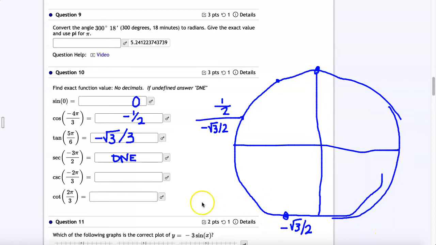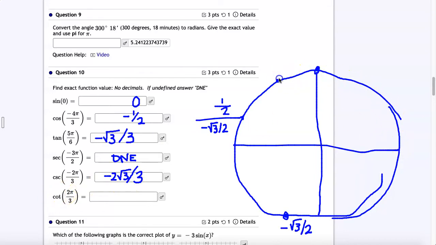So if I flip that over, it becomes 2 over negative root 3, which when you simplify becomes negative 2 root 3 over 3. So you've got to have a good understanding of how to deal with complex fractions and how to rationalize your denominators here.